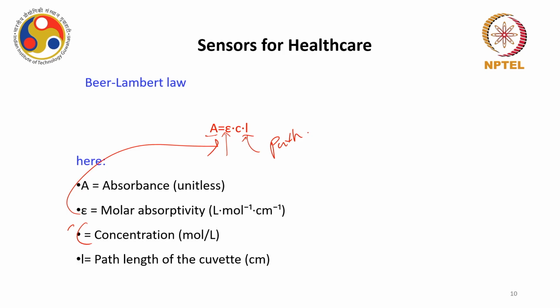Usually, if you are doing it in a closed ambient or laboratory environment, this path length is the length of the cuvette. A cuvette is a cuboid kind of structure where your sample is loaded. It is very common in spectroscopy techniques, including UV, ultraviolet spectroscopy.